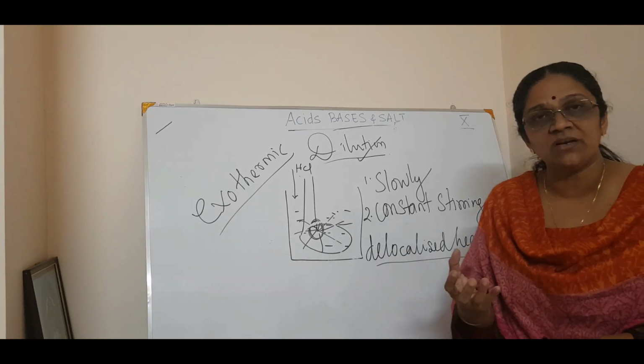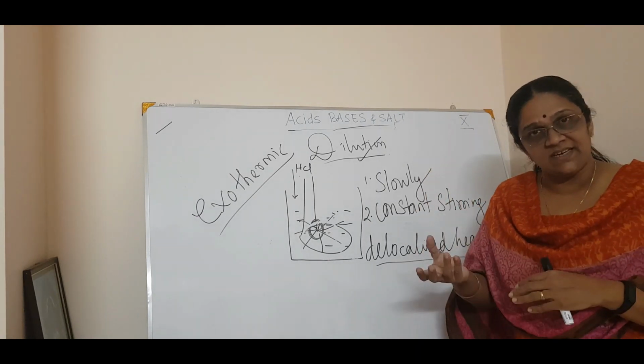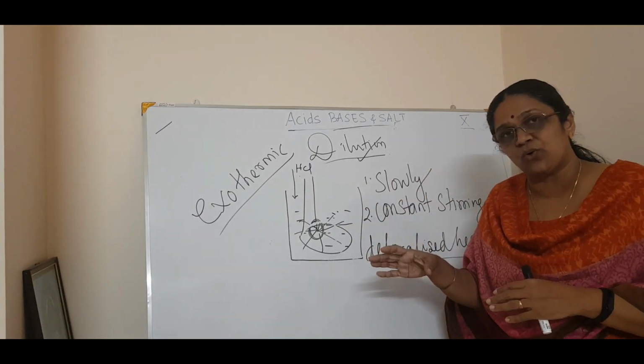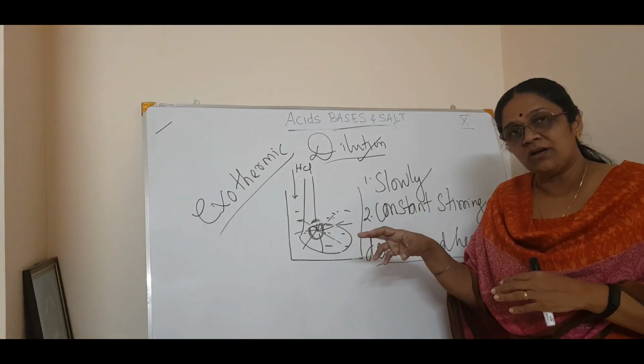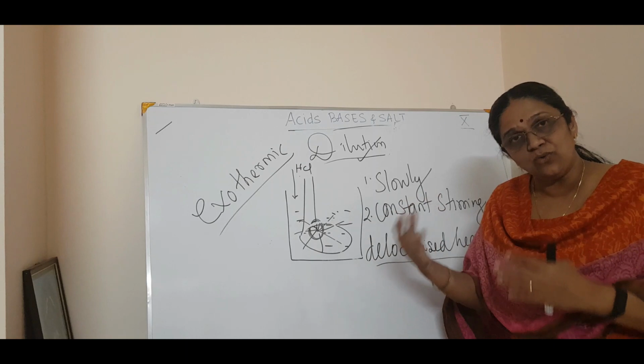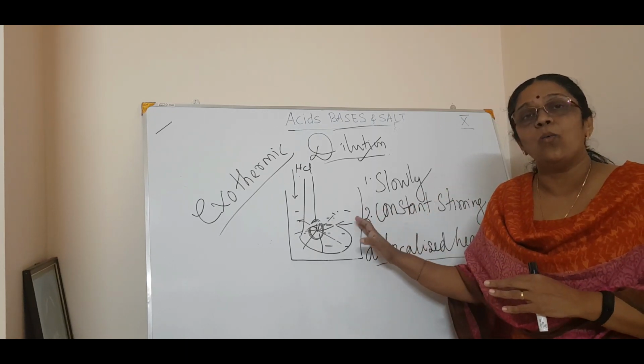Now what is dilution? Dilution is nothing but the mixing of an acid, or the same happens in a base also, sodium hydroxide pellets. When it reacts with water, it is exothermic. So dilution means mixing up of an acid or a base with water.